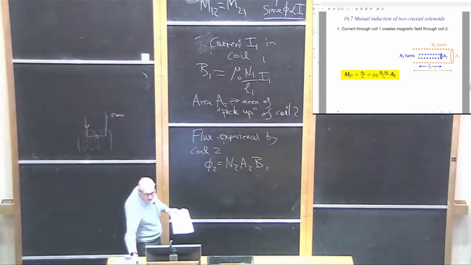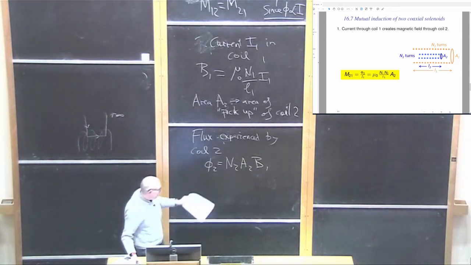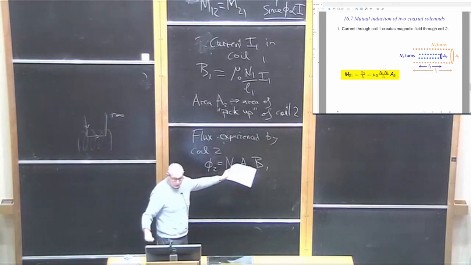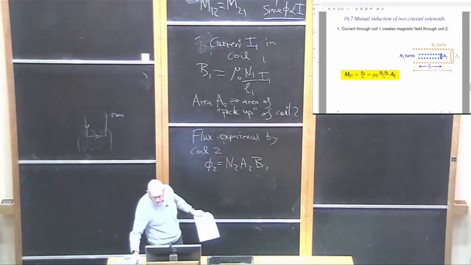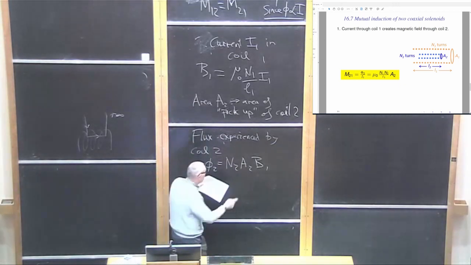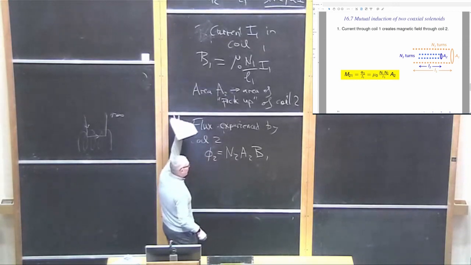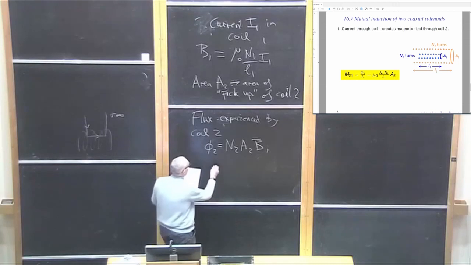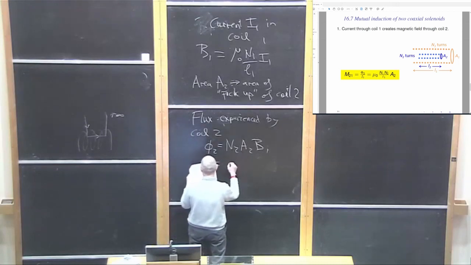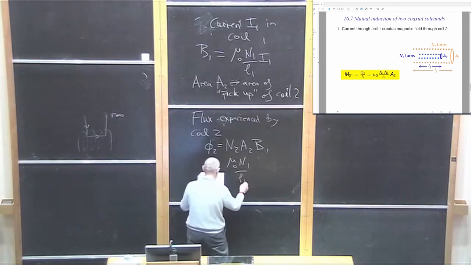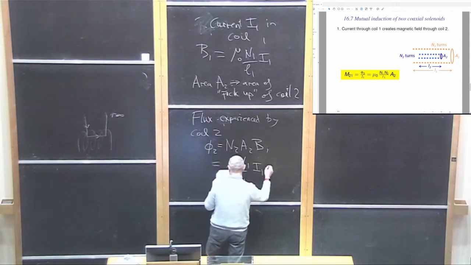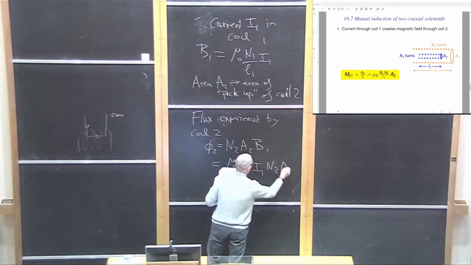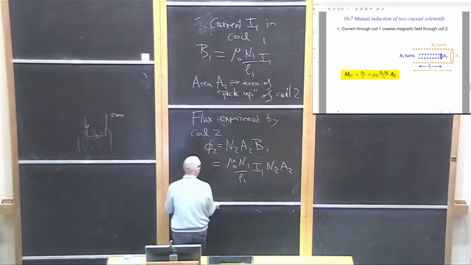The area is A2 and the field is B1, which is the field from this external coil 1, times the number of turns that are linked, which is N2. So I can just substitute for B1: mu naught N1 over L1, I1, N2, A2. Right, so we're almost there.